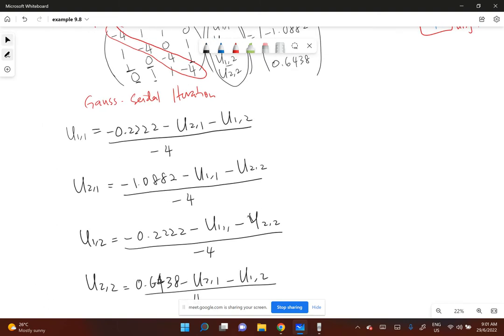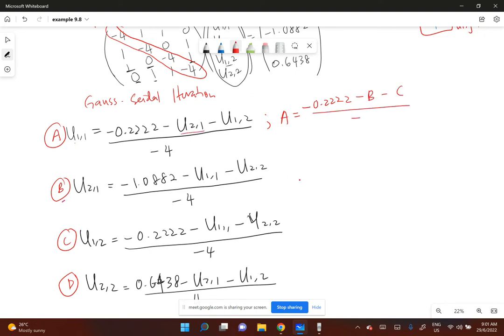So we can easily key in the formula if I put in symbols. Let's say this one is A, this is B, this is C, this is D. So A equals negative 0.2222 minus U21, which is B, minus U12, which is C, divided by negative 4.